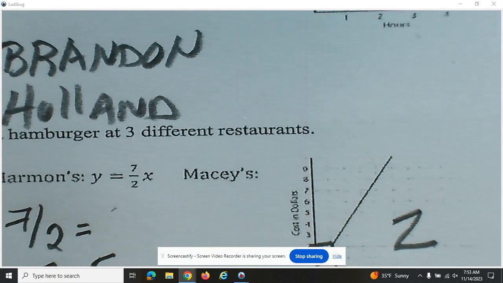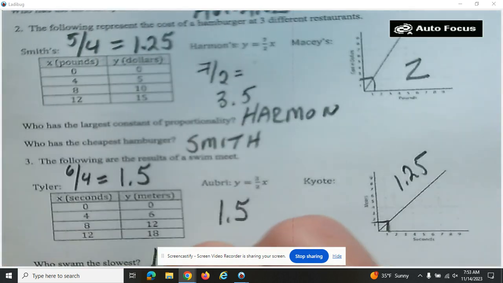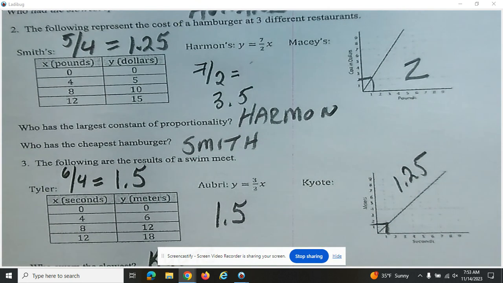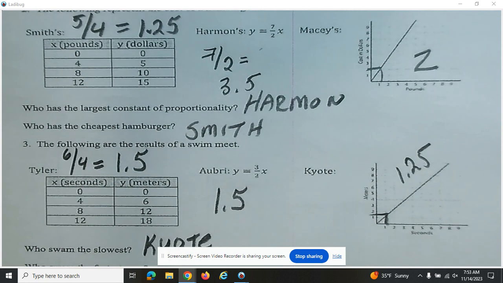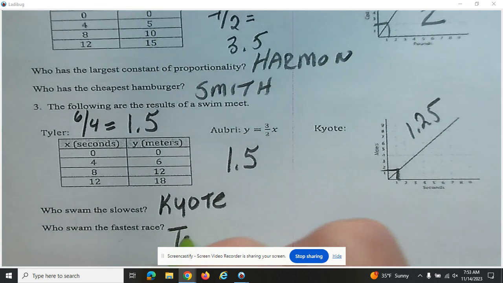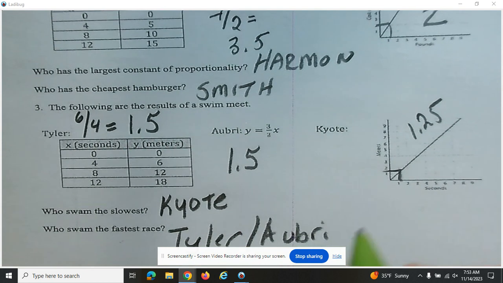So who's the slowest in this case? This one. And then who swam the fastest? Tyler and Aubrey. They must have tied.